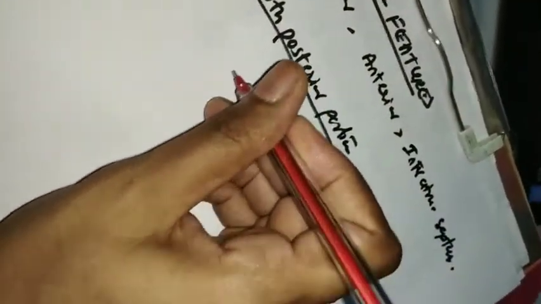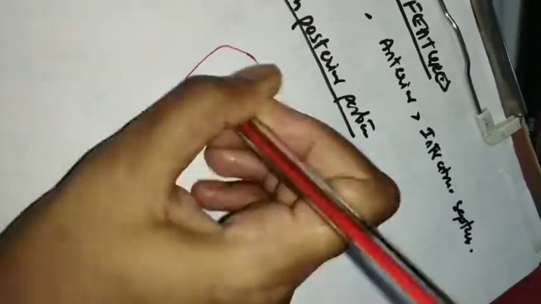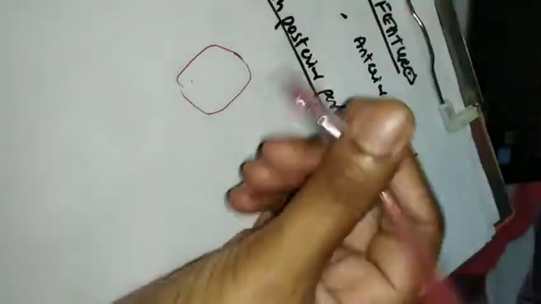So the posterior part, let me show you. This is your right atrium. I'll just cut it in half, a vertical section.